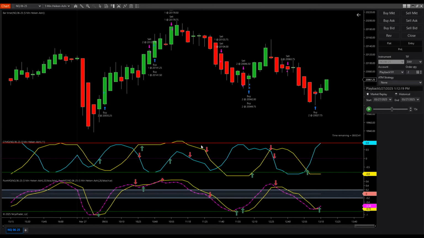When it started to cycle over here, CYMO made sure that you didn't get caught off guard, okay? And that's the power of combining these two tools right here. One gives you market structure and the other confirms the push, okay?